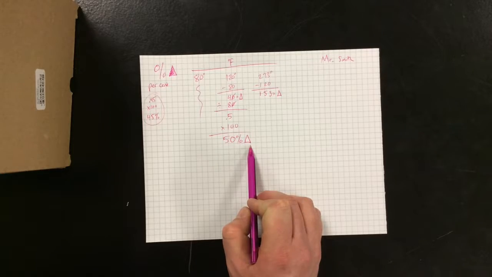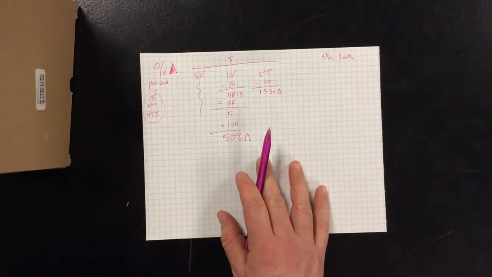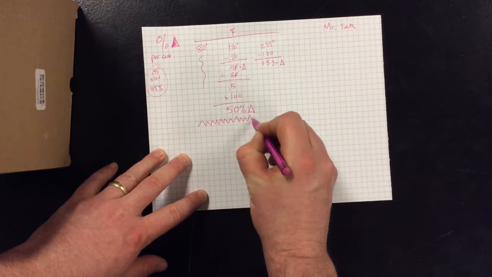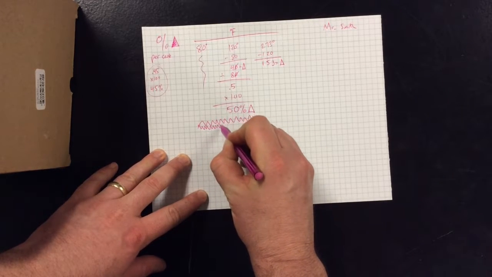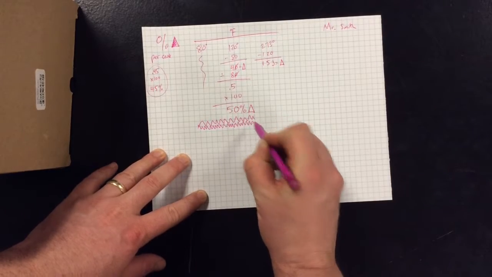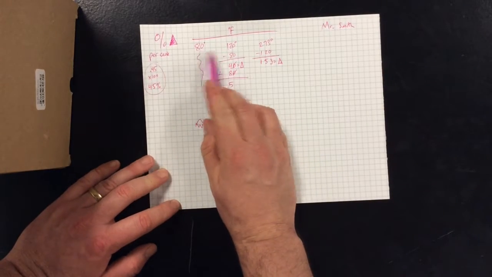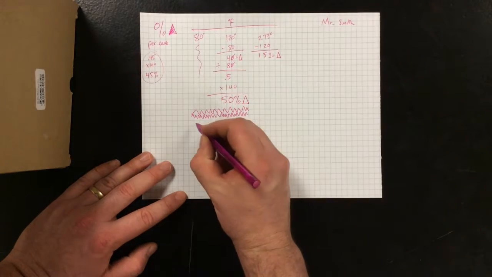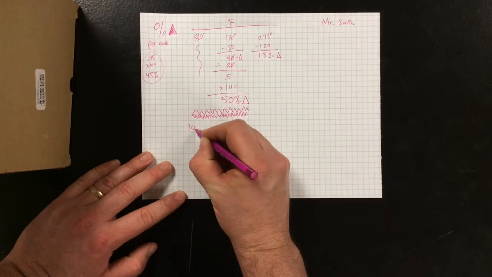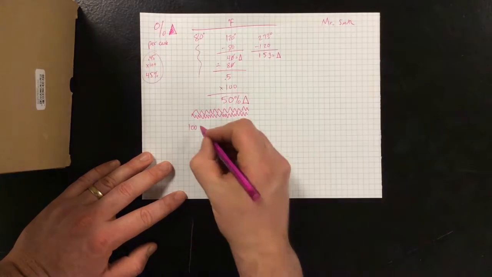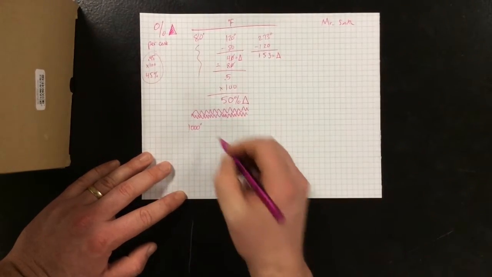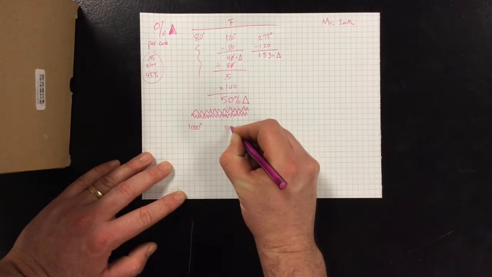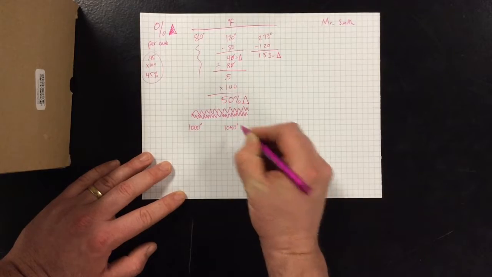50% change. Now, I'm going to do something different just to show you why. I'm going to do a double zigzag. That means it's totally separate. Now, I'm going to do something that's similar but different. I'm going to say this is 1,000 degrees. The second number I'm going to say is 1,040 degrees.